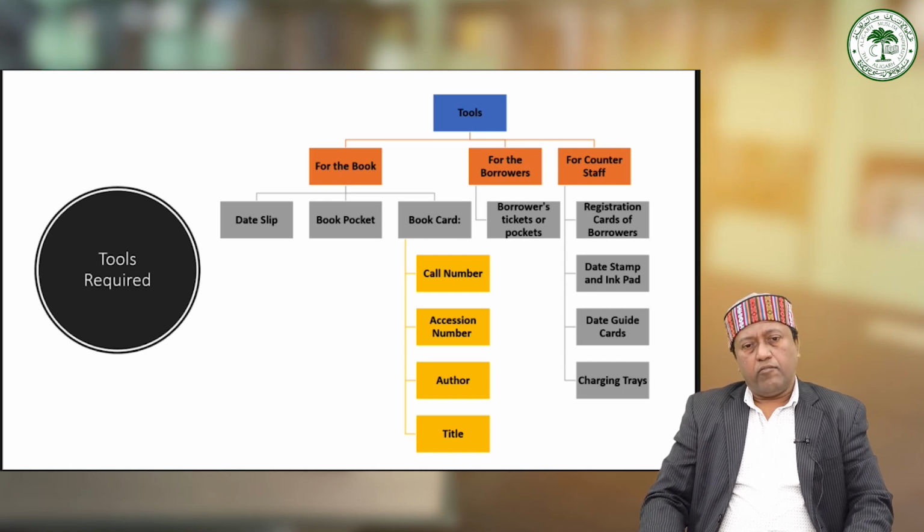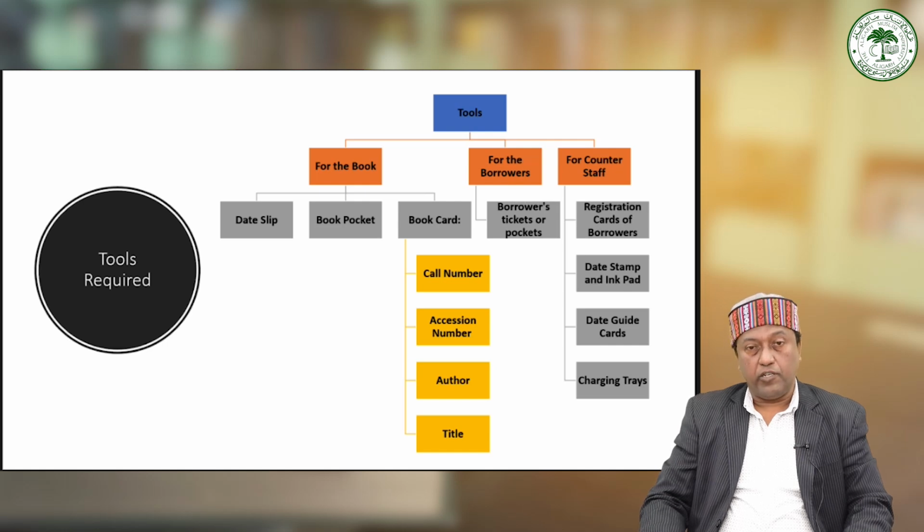Then the third important thing will be the charging tray. As I told you, a charging tray will be required at the circulation counter, which should be able to hold all the cards, especially for at least a month. Sitting for some time, you will get some idea of the transaction log and how many people are coming in a month.